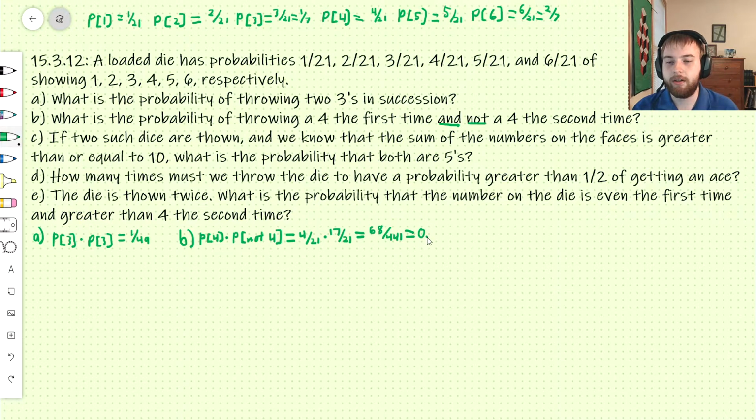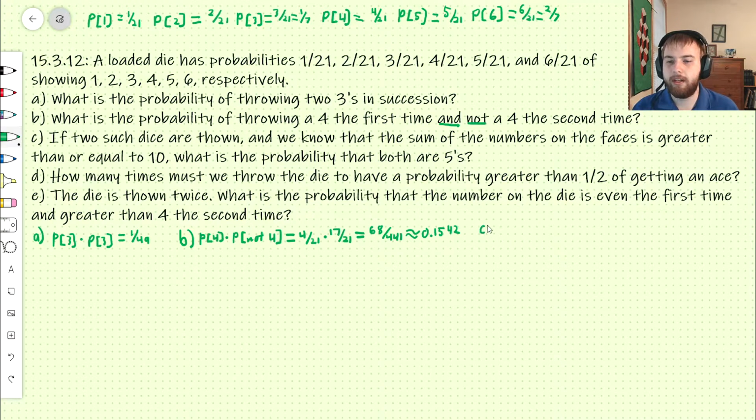I see things better in decimal approximations, so just to make it official, it's approximately equal to 0.1542. So about a sixth, which is not bad chances. Throwing a 4 and then throwing not a 4, it's not all that unlikely to happen.